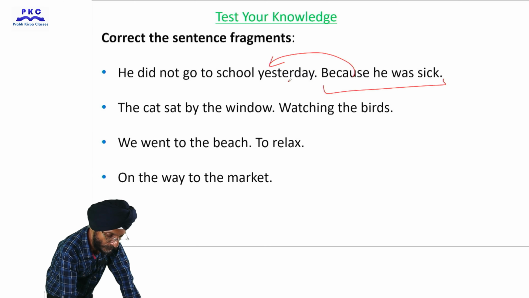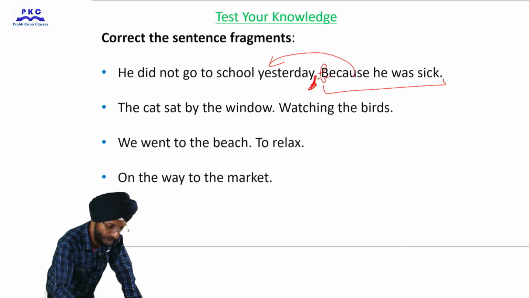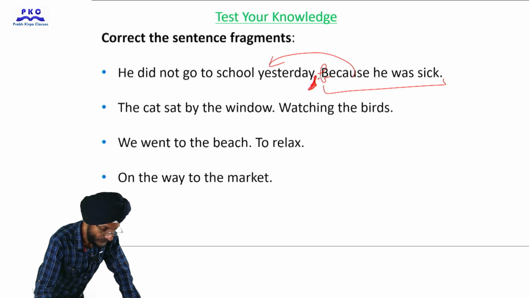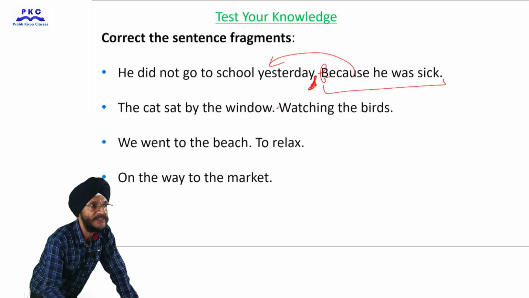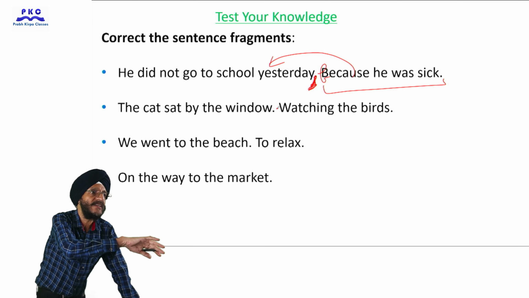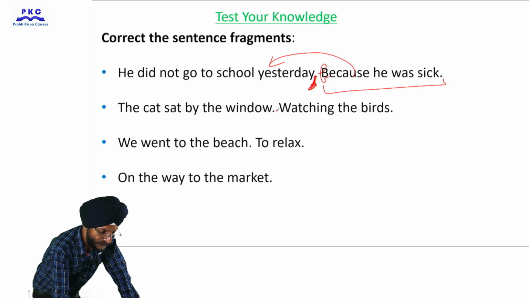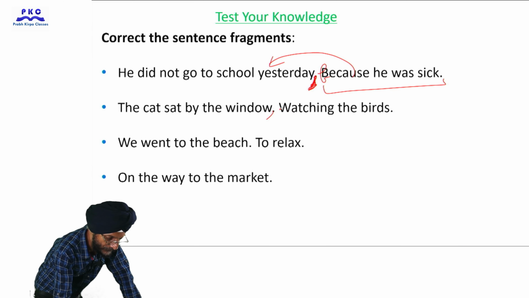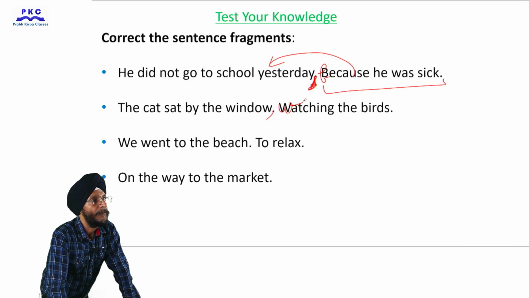So the full stop will be removed. The cat sat by the window watching the birds. The cat sat by the window is complete, but it is an independent clause followed by a dependent clause. So here we will use a comma and it will be in lowercase, watching the birds.